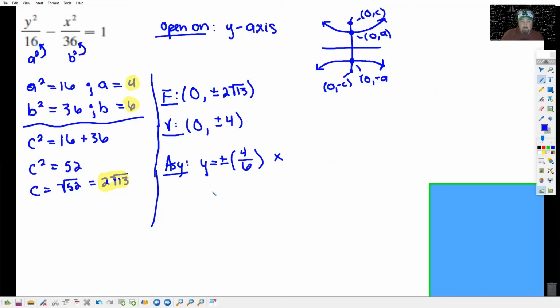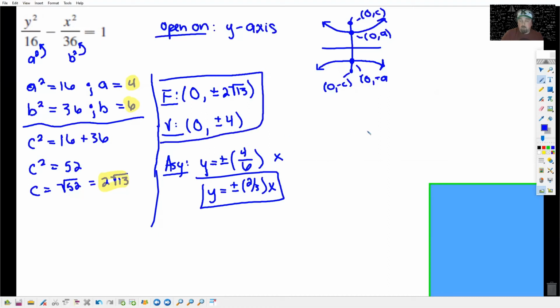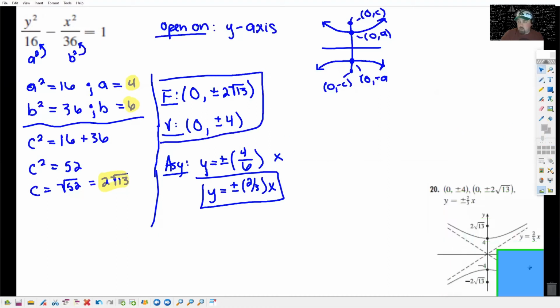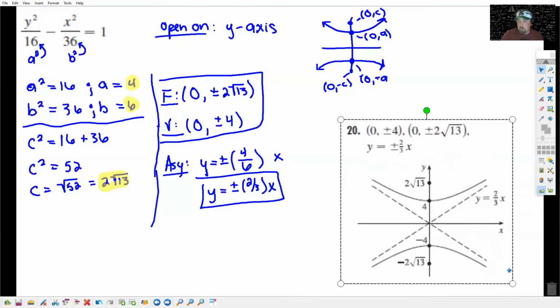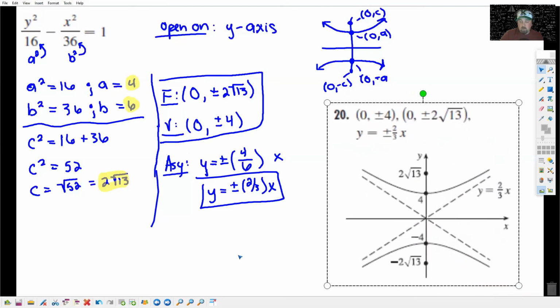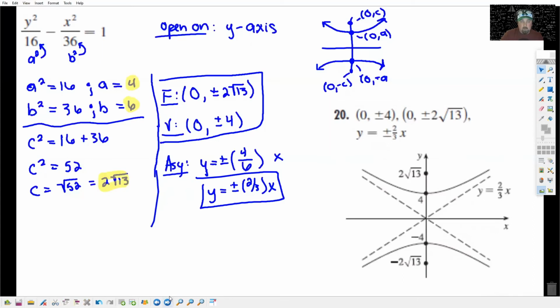The 6 goes on the bottom this time, and we wouldn't leave that fraction like this. So this is plus or minus 2/3 x. So there's our asymptotes and our vertices and foci. And then if we were to sketch that graph, that's exactly what we would have when we'd look at it, okay? Let's try another one.